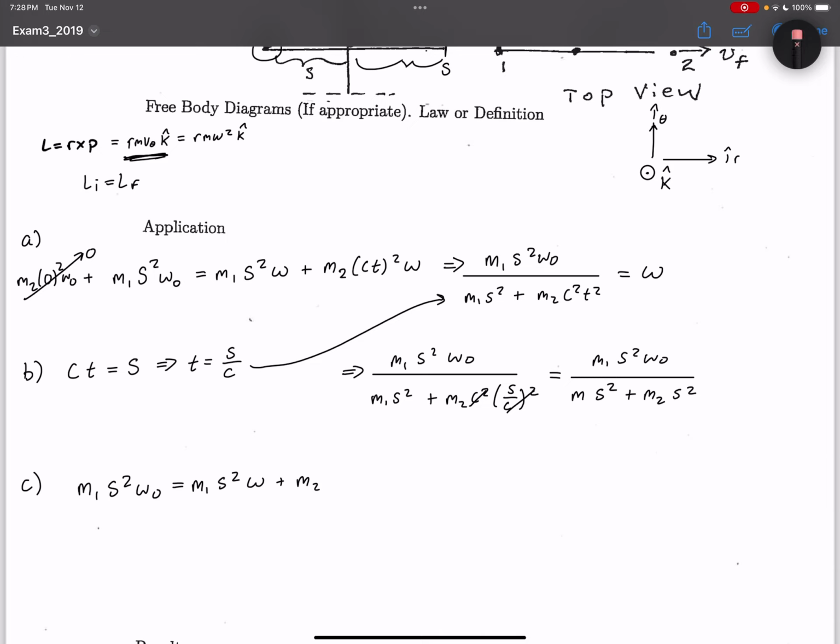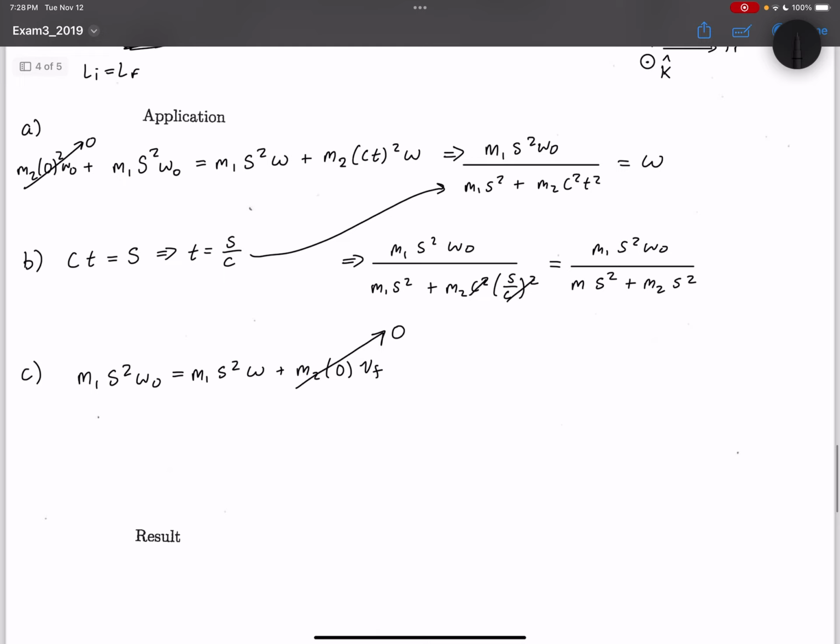Or we could really just say, if we want to use that version still, we have 0 times vf. Okay, so that goes to 0. Awesome. And so that means we have that angular momentum would be m1s squared omega naught over m1s squared omega, and so those would cancel out, and we'd end up having that omega equals omega naught for part C.